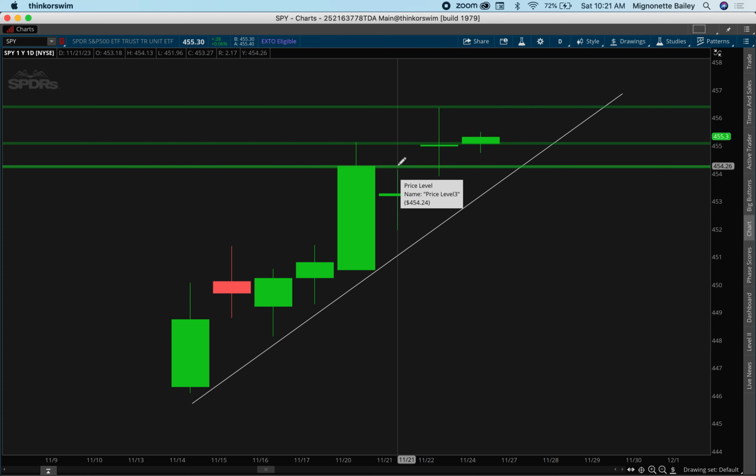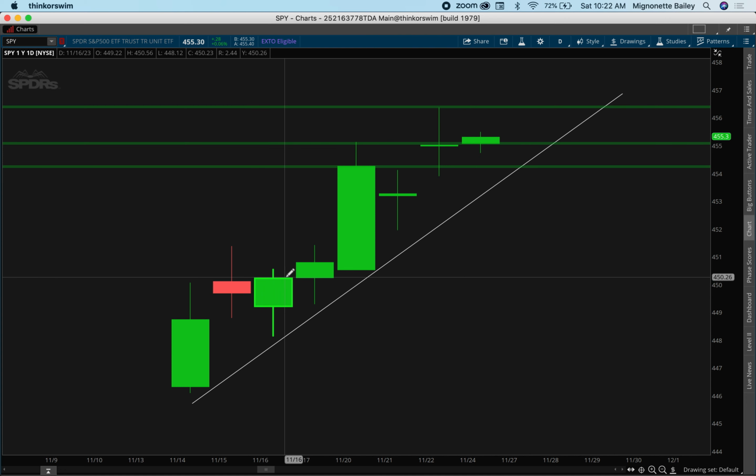and I'm looking to see if we're going to maintain this uptrend. So each day, what you're seeing is that we are moving higher for the most part. So we started back here. We got the move higher on the top of this candle.